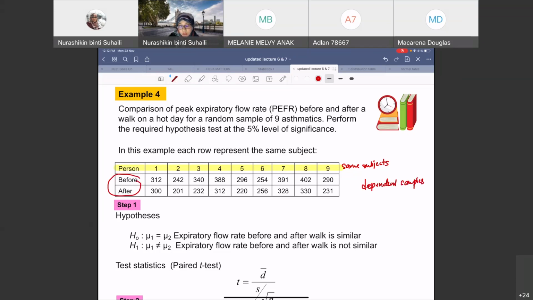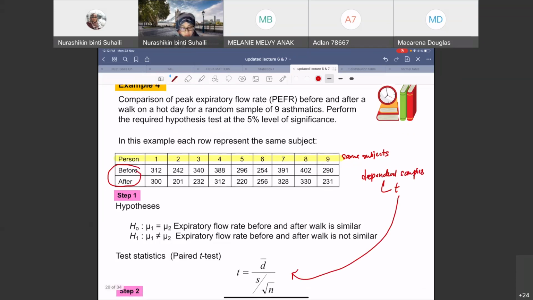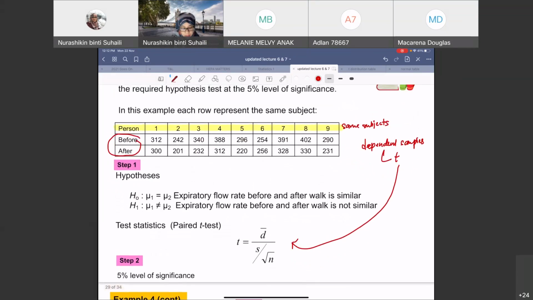So what does it mean? You know that you have to use this T formula. So how to solve this problem? It's actually the same as the independent sample. Let's see the difference. Since you have some idea of the steps, you set the hypothesis, but the calculation will be different, while at the end the decision and conclusion are the same.